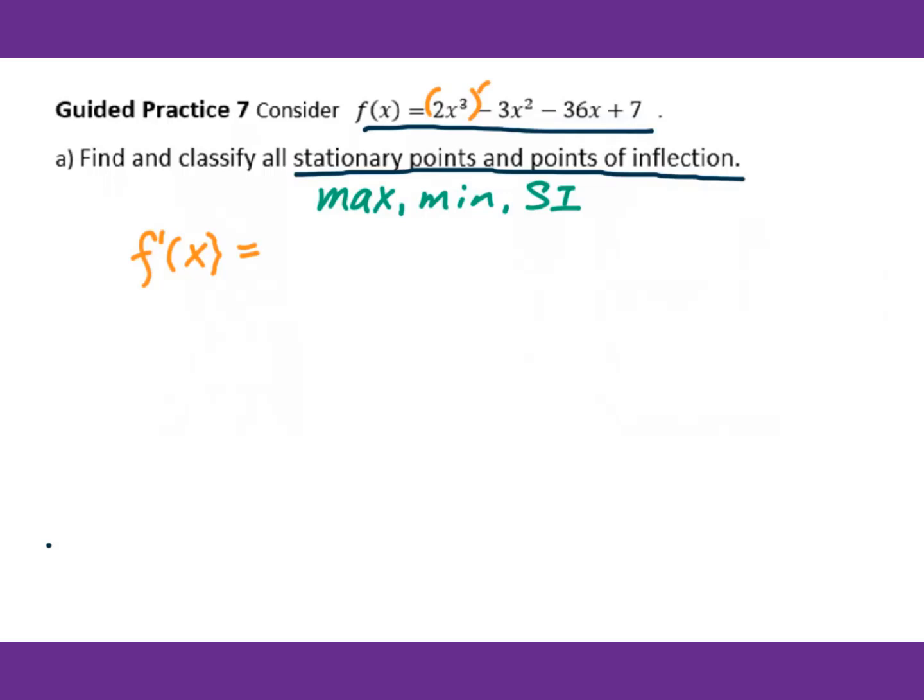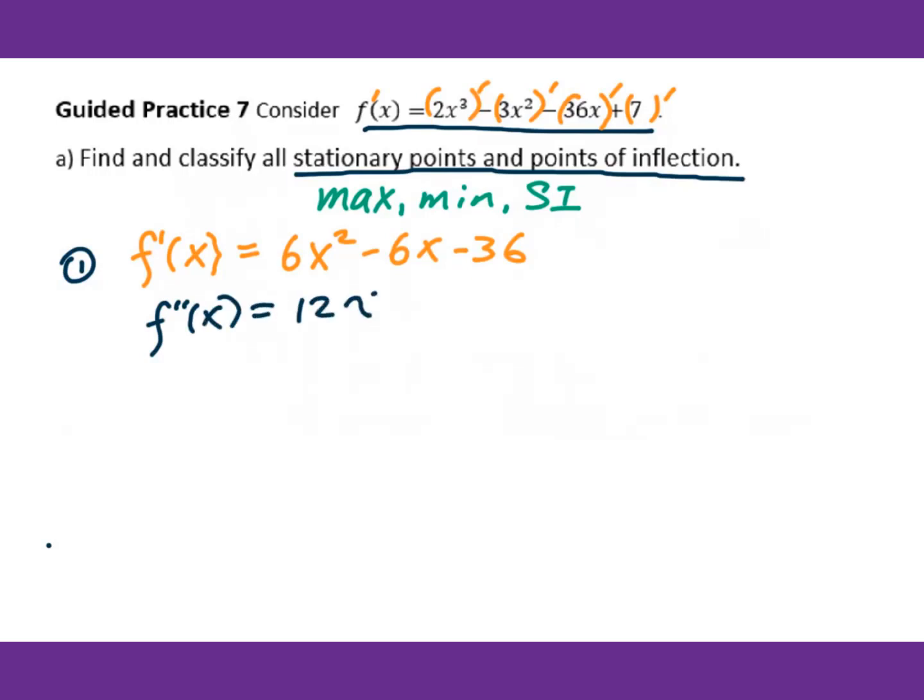You do the derivative for each term. You will get 6x squared minus 6x minus 36. Then we figure out the second derivative. You will get 12x minus 6.